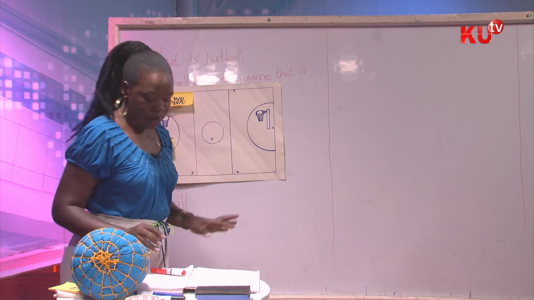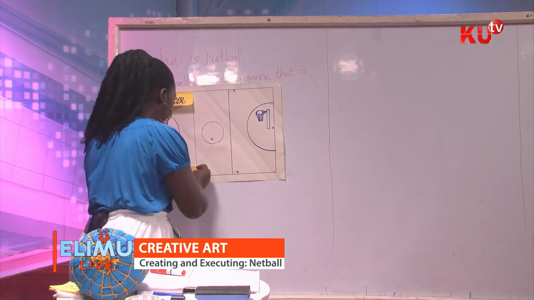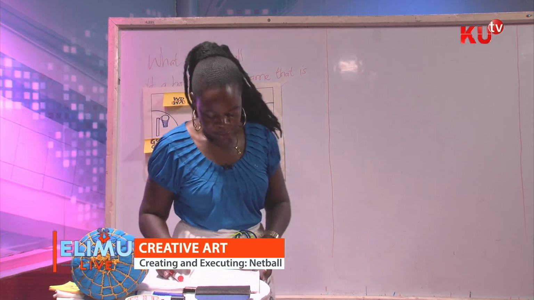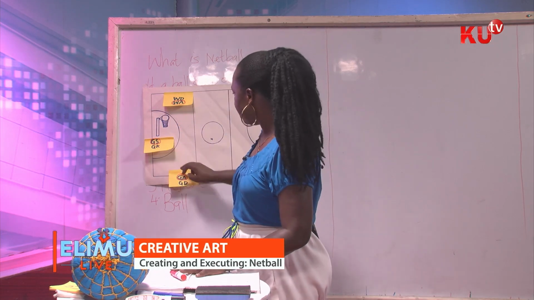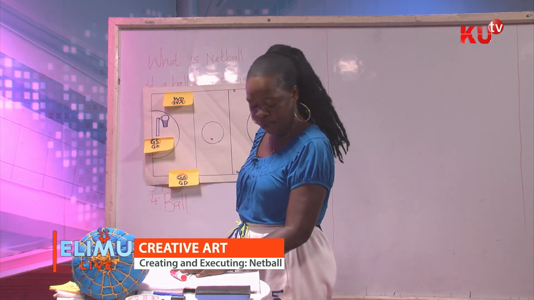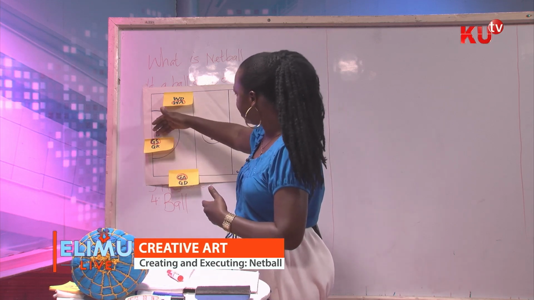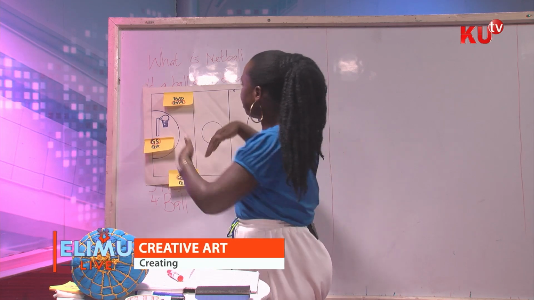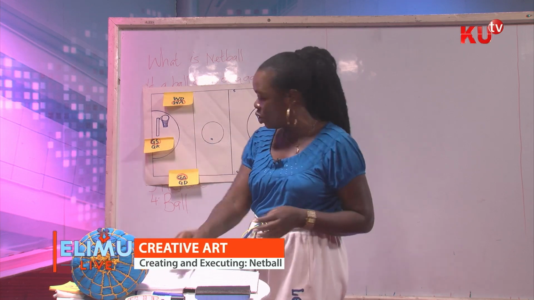Number 3, we have the goal attacker and the goal defender. The goal attacker's work is to pass the ball to the shooter and also receive the rebounding balls. In case there's a ball that rebounds towards her side, she passes it to the goal shooter. And then we have the goal defender.